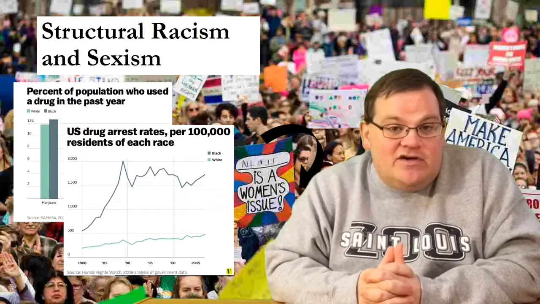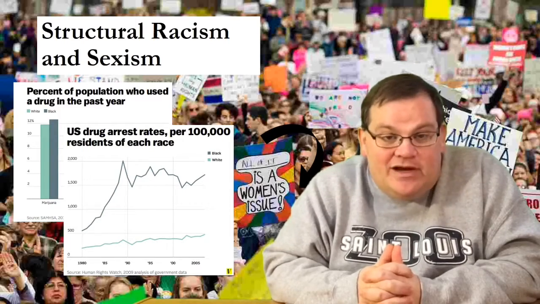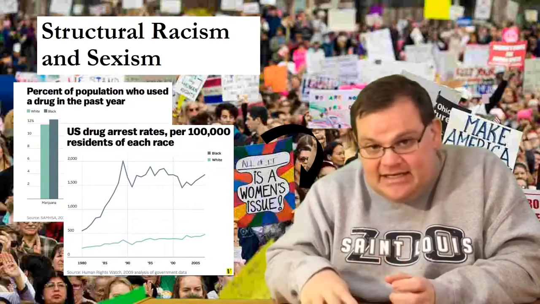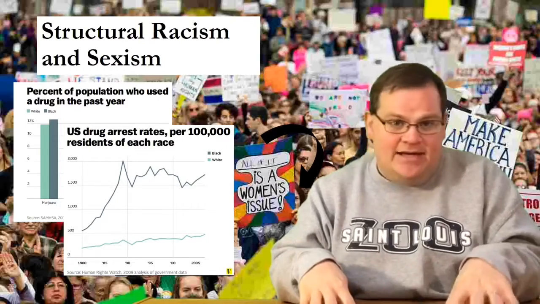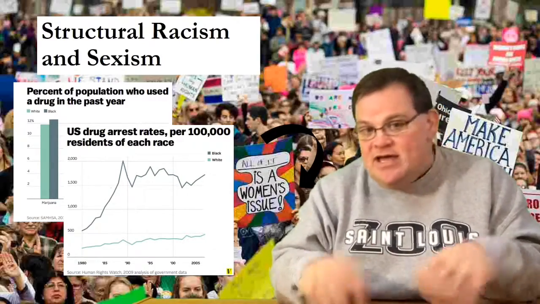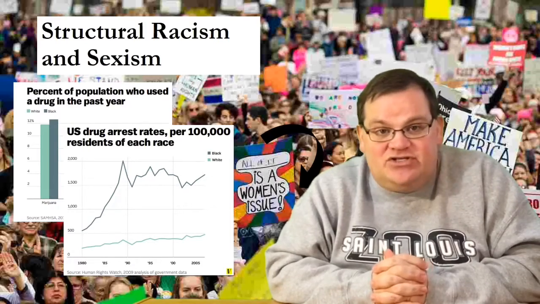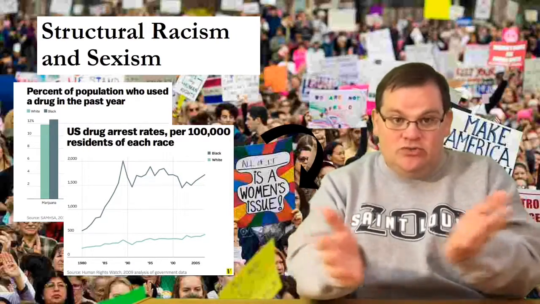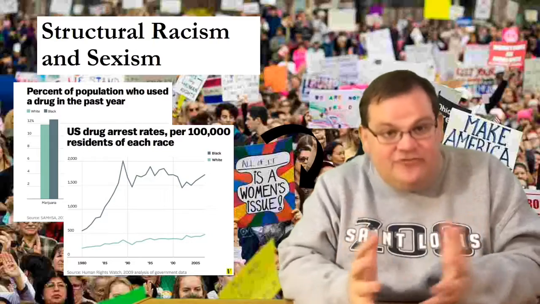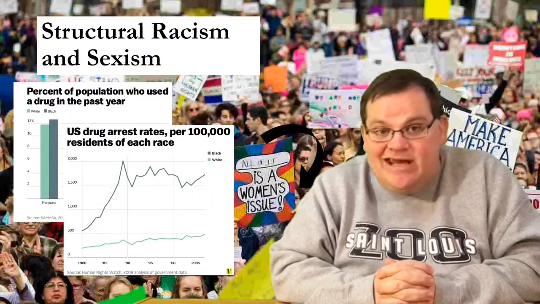So even if there are similar percentages of people that are using illegal drugs in that impoverished area and in a more affluent area, the police are more likely to catch the people that are doing it in the impoverished area. Now, note, again, there's no need for explicit racism to come in at any point.